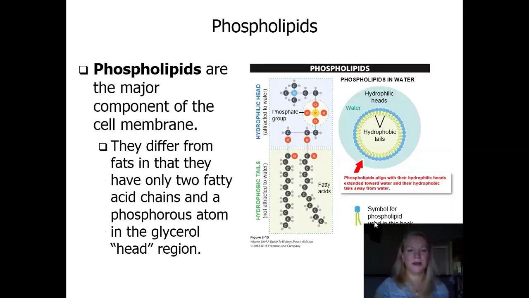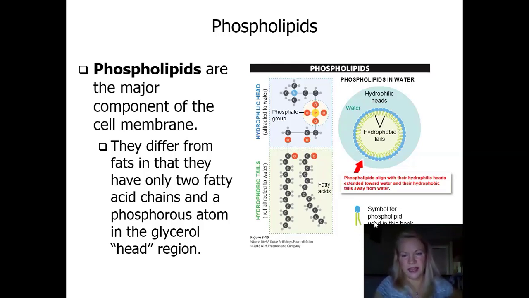Phospholipids. So phosphol, there's going to be something with phosphate or phosphorus as a part of it, right? I talked about that. It's on the outside of our cells. It actually is a protective bilayer, so two layers, as in many things in our body. The tail is that fatty acid. There's two, right? And it's hydrophobic.